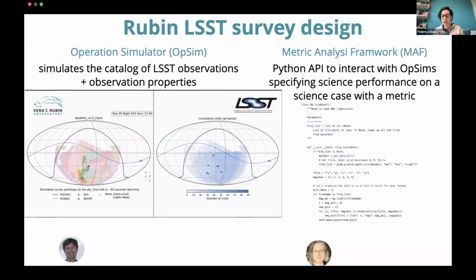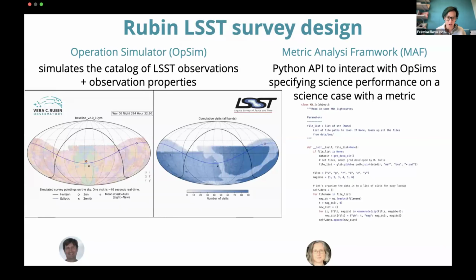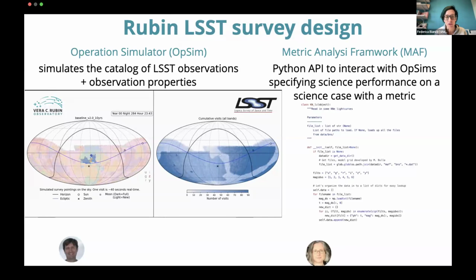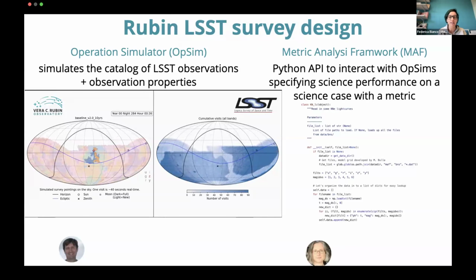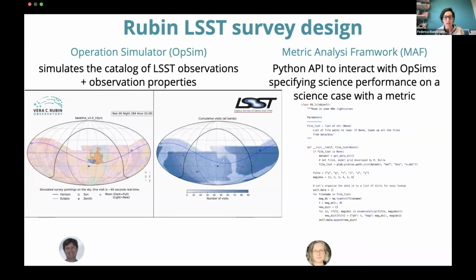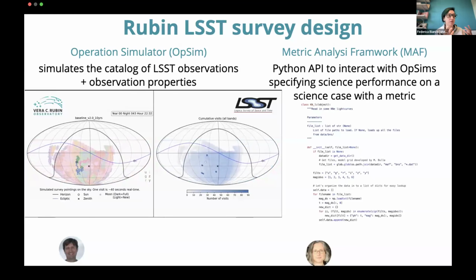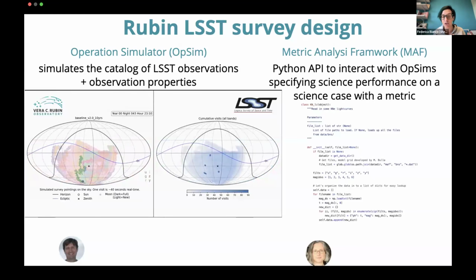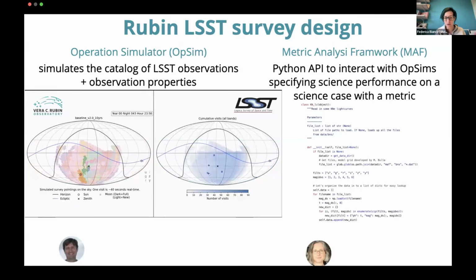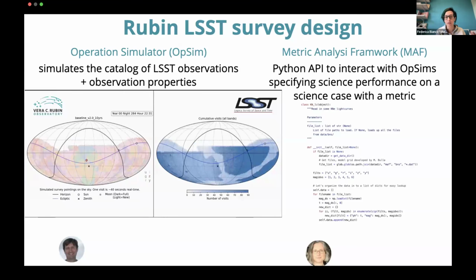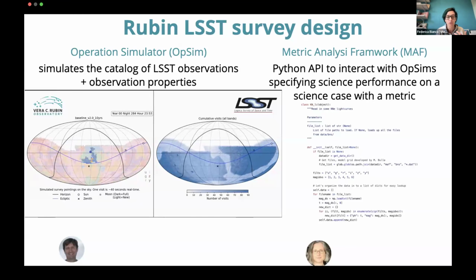The chief tools, built primarily by Peter Yoachim and Lynne Jones, who are still here as survey strategy scientists, and Lynne will talk to you in a second, are basically a simulator that simulates a database of LSST observations as performed by the scheduler, which is automated and follows criteria that are established to determine how the survey should work to pursue specific goals.